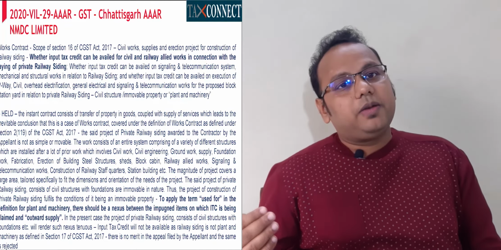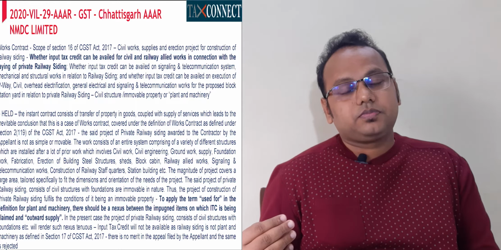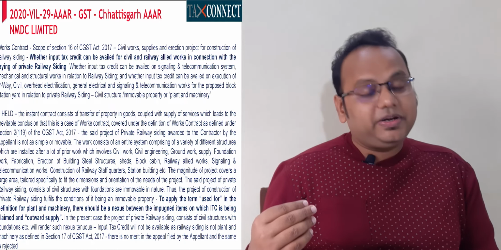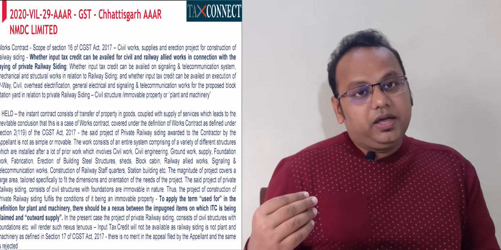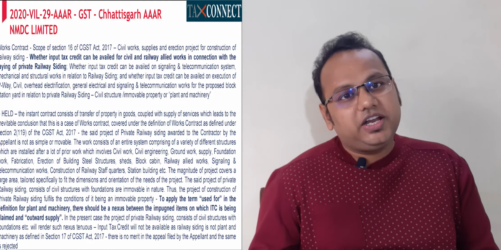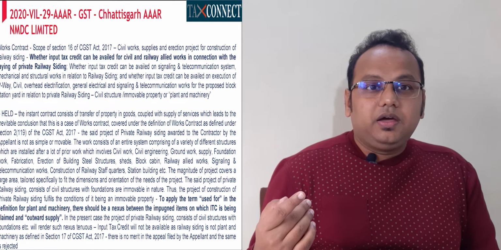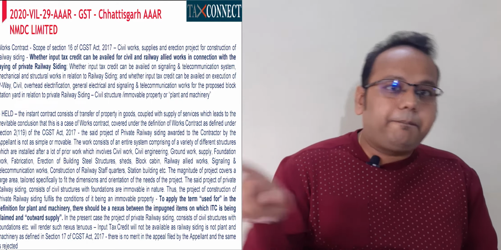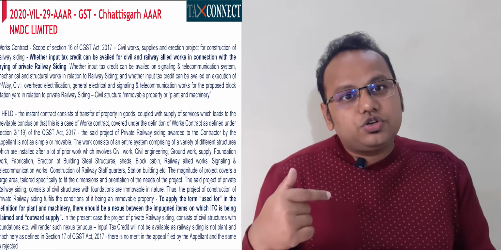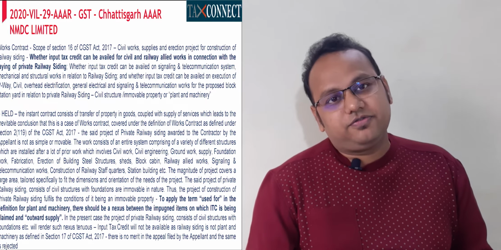Well, in case of immovable properties, again another important judgment by the Advance Ruling Authority of Chhattisgarh in the case of NMDC Limited is that ITC of railway sidings installed in a factory cannot be availed because the railway sidings, although they are plant and machinery, are not used for the provision of output supply as envisaged in section 17(5).